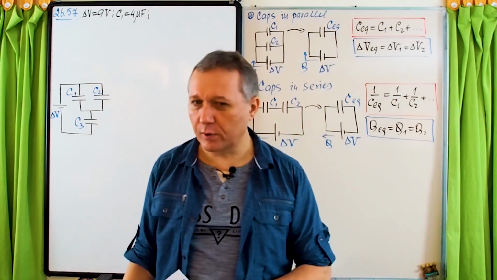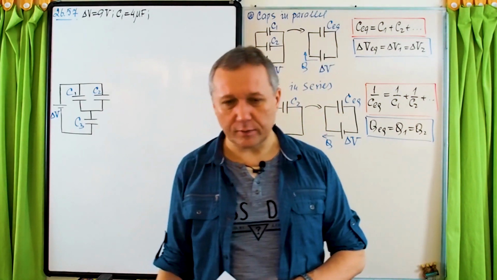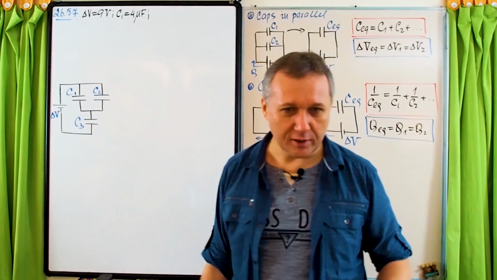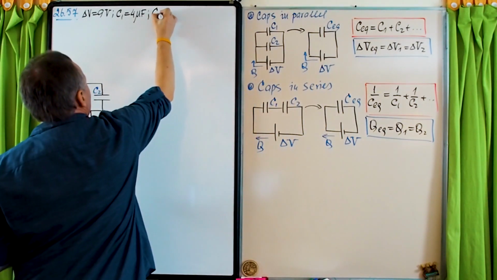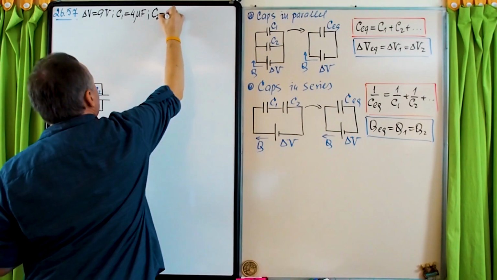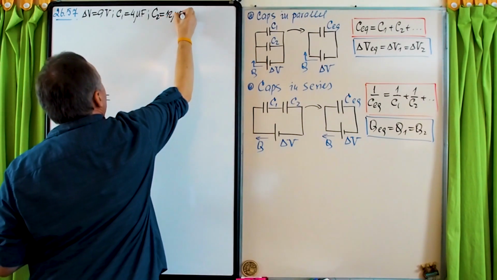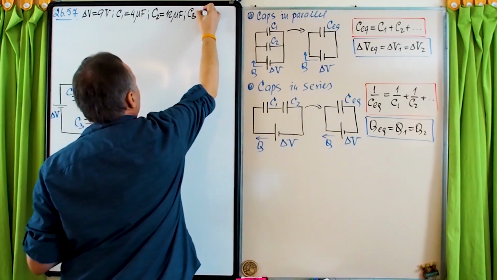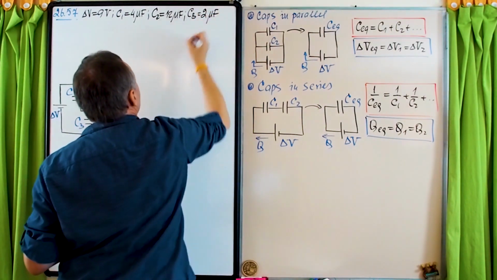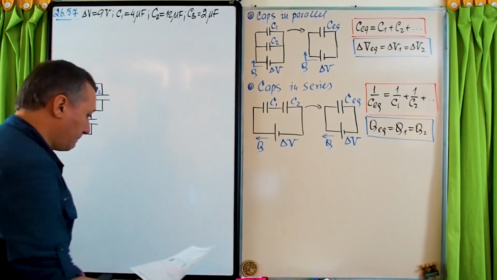I think capacitance of the Earth is a few farad, and the Earth is gigantic. Then C2 is 12 microfarad, and C3 is 2. Right, so that's what is given.